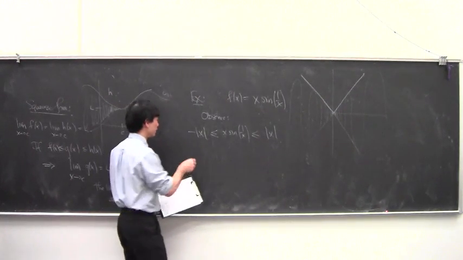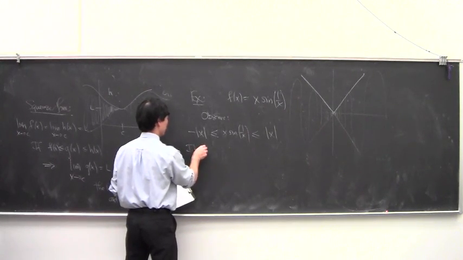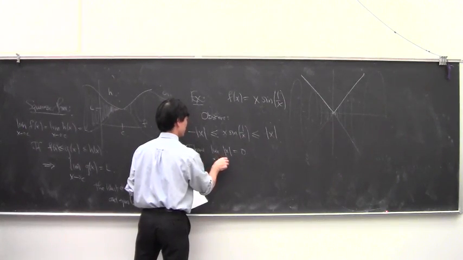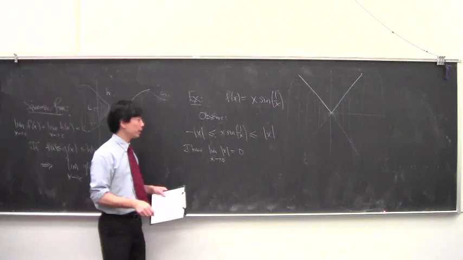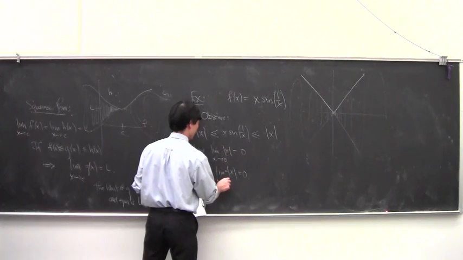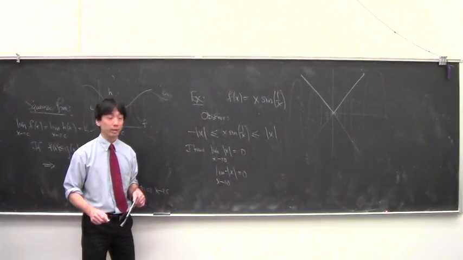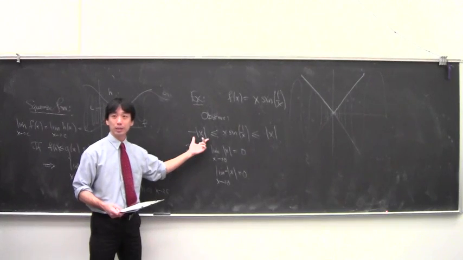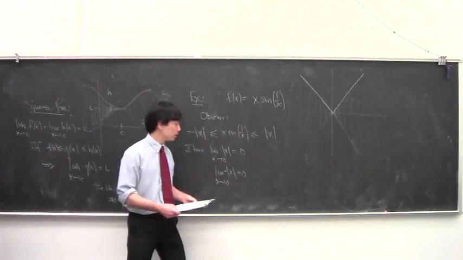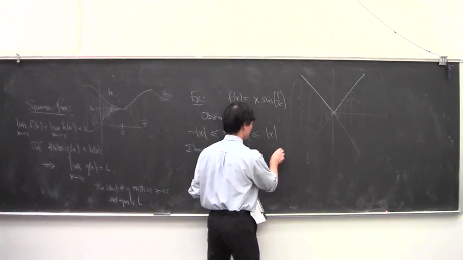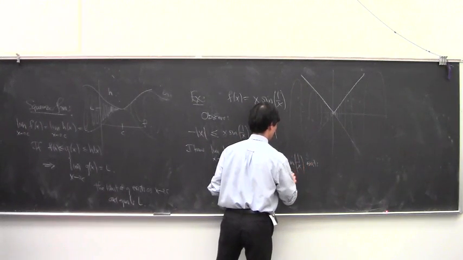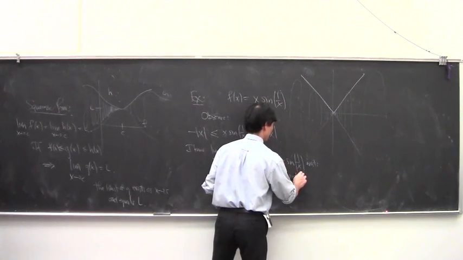And I know that the limit of the absolute value of x is 0 as x approaches 0, and that the limit of negative the absolute value of x is 0 as x approaches 0. So I have something smaller whose limit goes to 0, and something bigger whose limit goes to 0. And so the one in the middle is forced to have the same limit. So I know that the limit of this exists and equals 0.